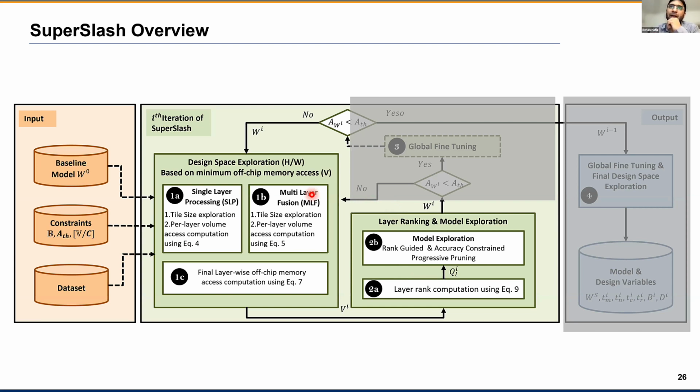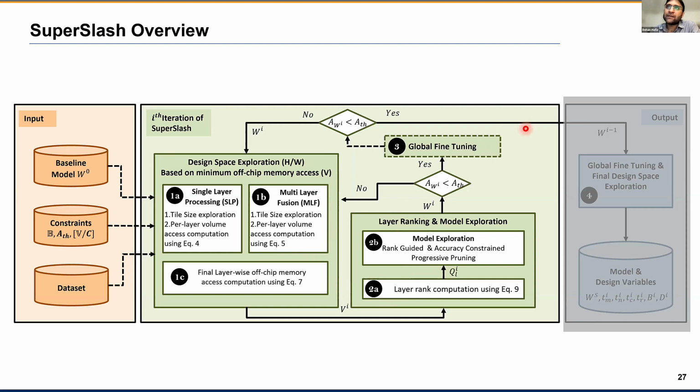Okay, and as we move on, our model size is continuously decreasing, and in case the accuracy goes below the defined threshold, only in that case we might have to do a global fine-tuning, and afterwards we have to start the process again.